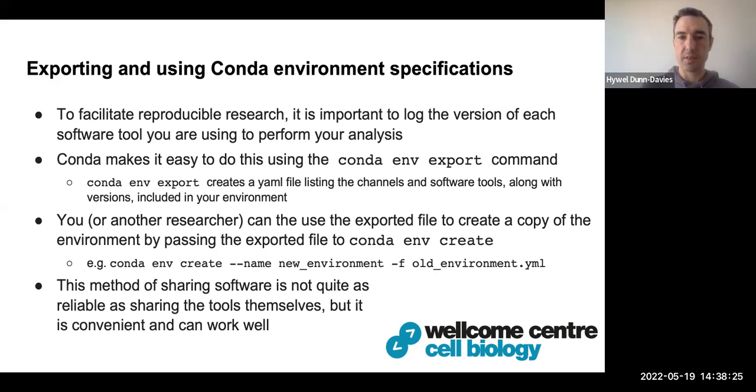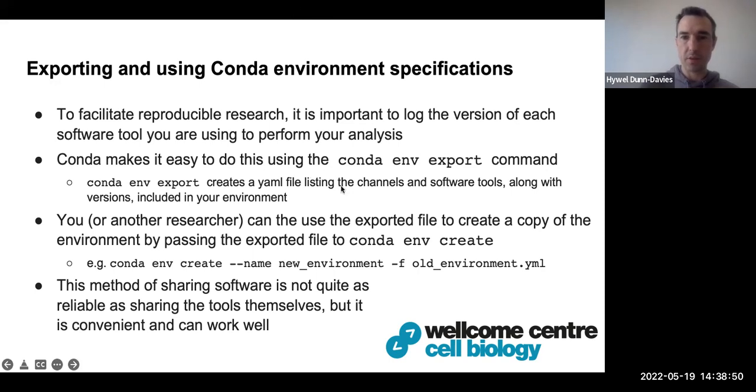Because it's a text file, it's just a list of the software with the versions. It's very easy to email it to somebody or share it online so that another person who uses conda as well can use that to build an environment which looks like yours, which they can then use to replicate the data analysis. So that can be a useful thing.